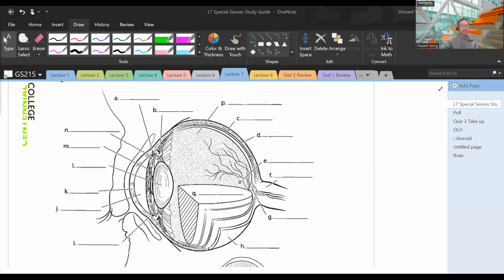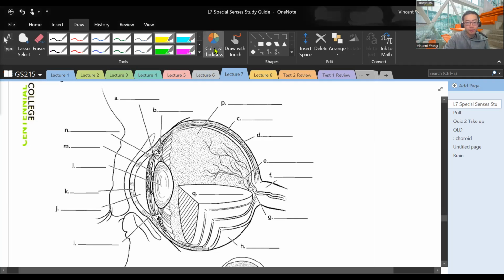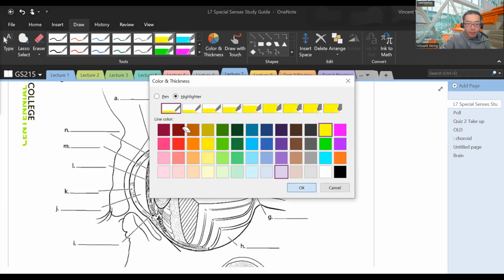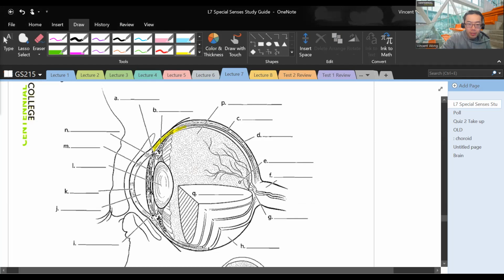So your eye actually has 3 layers to it, and we will try to color each one of them here. So we have the outermost layer, which is the one I am coloring right now.